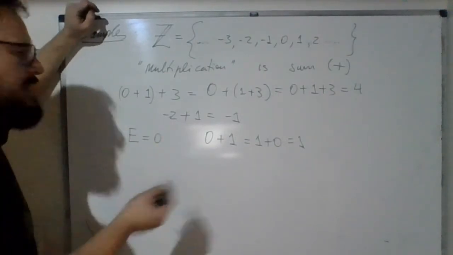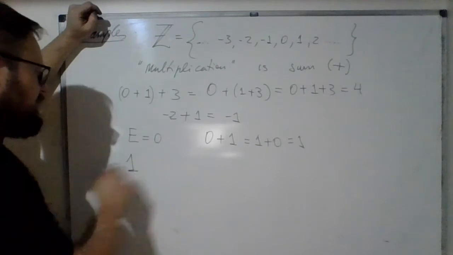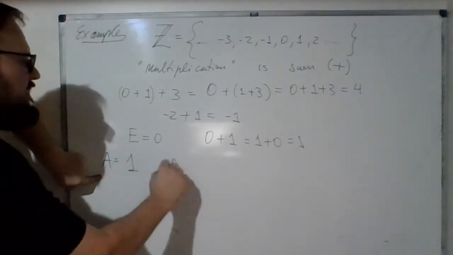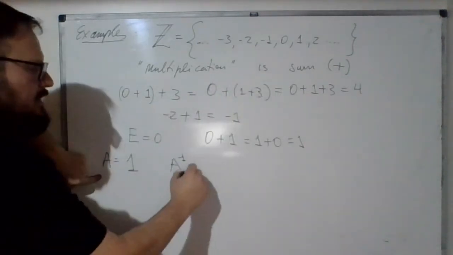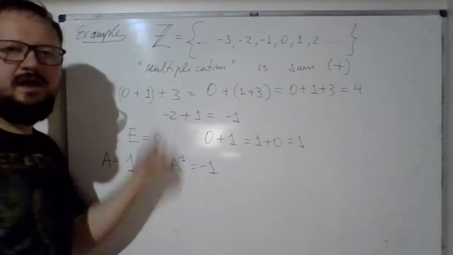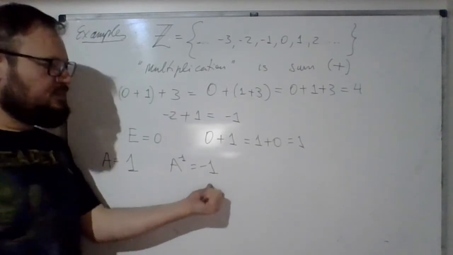Also, any element has an inverse. For instance, pick 1, right? 1 as the element A. The inverse of A under the operation of the group, which is sum, corresponds to minus 1. So the inverse of 1 under the operation of the group is minus 1. Why is that?